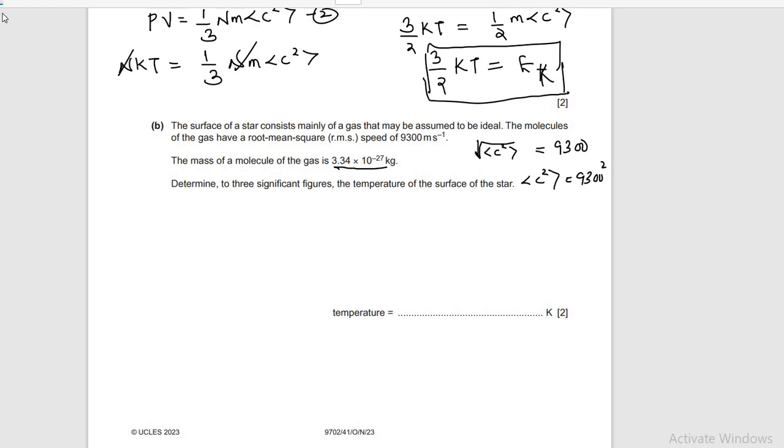We recall that the translational kinetic energy, which we proved earlier, is 3 over 2 kT.